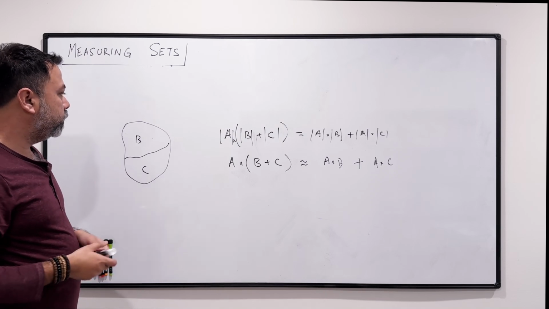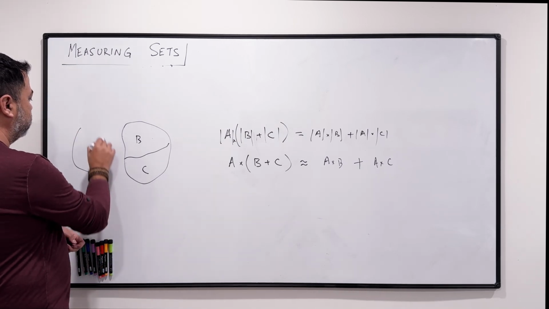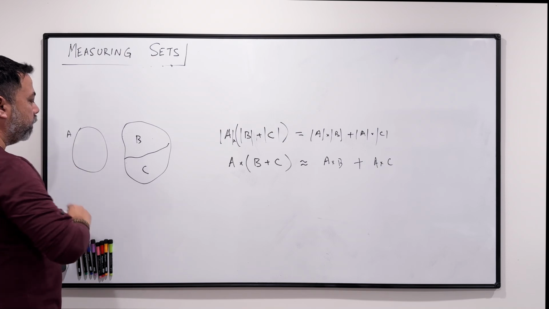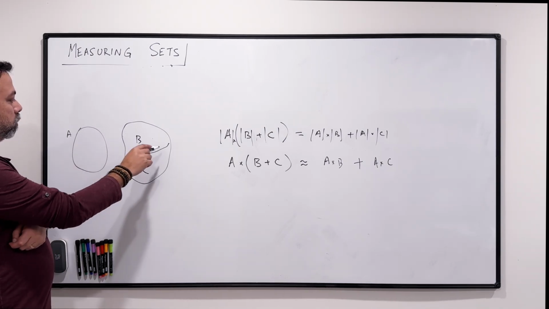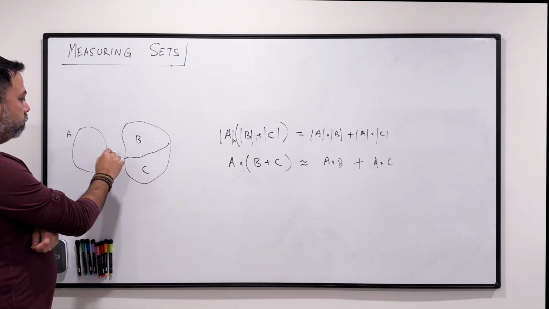And then I take a product with another set A, right? So now think of all the pairs that I'm going to generate from taking the product.